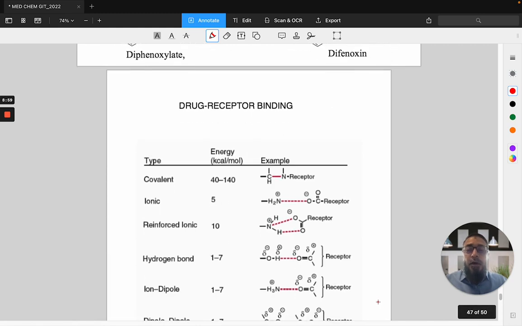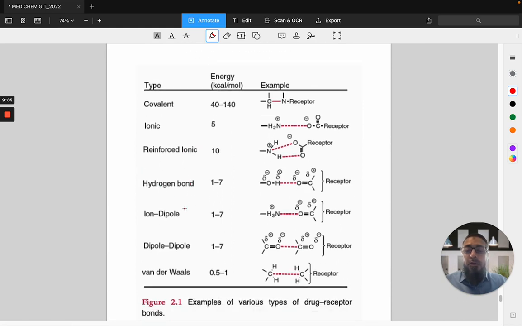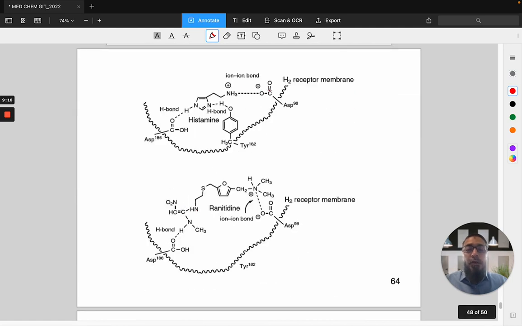So this is the drug receptor binding, how the drug binds through ionic bonding, hydrogen bonding, ion dipole interaction. That's how the histamine molecule binds with the H2 receptor, through different hydrogen bonding and ionic bonding.